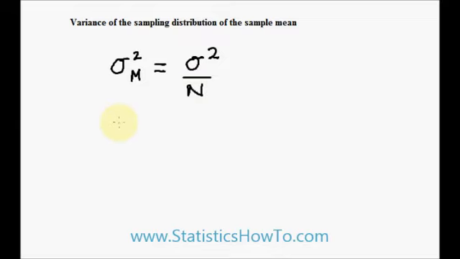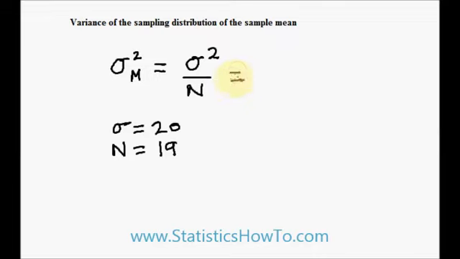Let's say we had a population with a standard deviation of, say, 20 and a sample size n of 19. We can use this formula up here to figure out our variance of the sampling distribution of the sample mean.